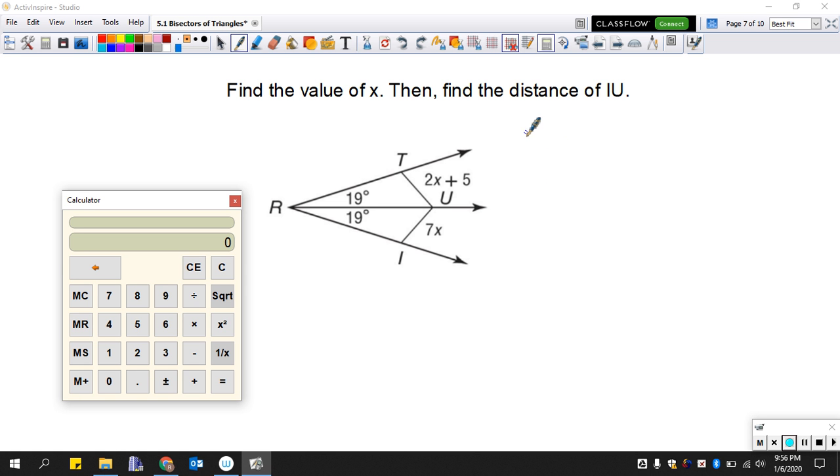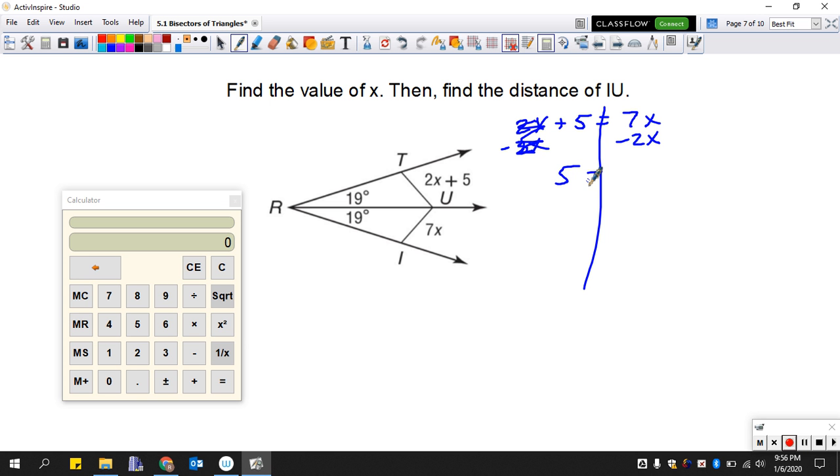We're going to set them equal to each other. So 2x plus 5 is equal to 7x. Subtract 2x from both sides. We end up with 5 is equal to 5x, divided by 5, and 1 is equal to x. So the value of x is 1.